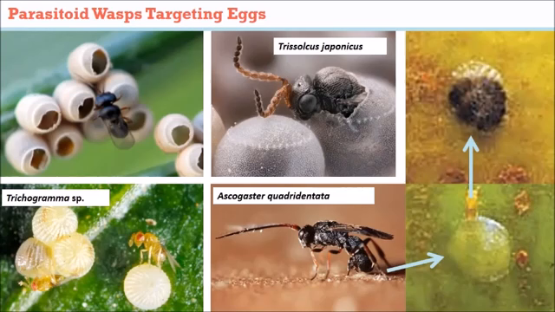And in the middle picture is the new non-native parasitoid that's been discovered in the Pacific Northwest against brown marmorated stink bug, the Trissolcus japonicus. And I believe you mentioned that Diane has a student that's going to be looking for this parasitoid in Utah. And then on the lower right is one that just targets codling moth eggs, the Ascogaster. And when the eggs are parasitized, they turn black.